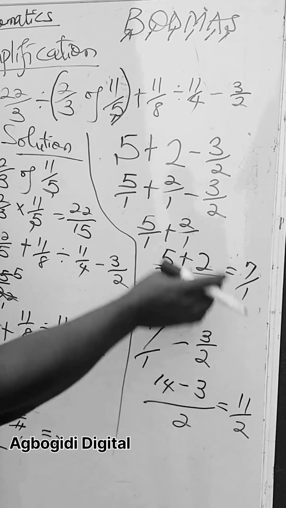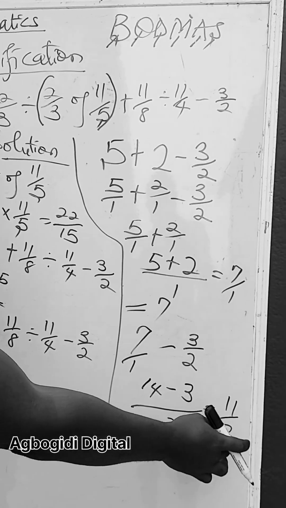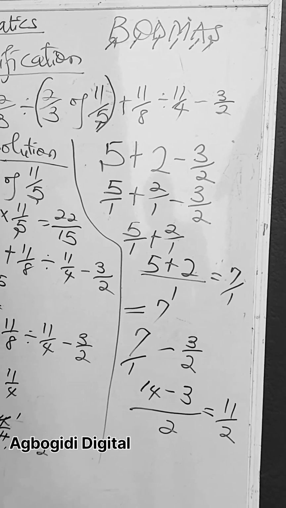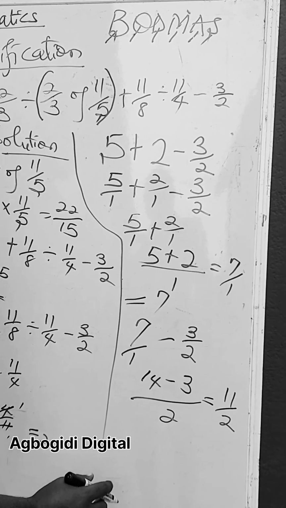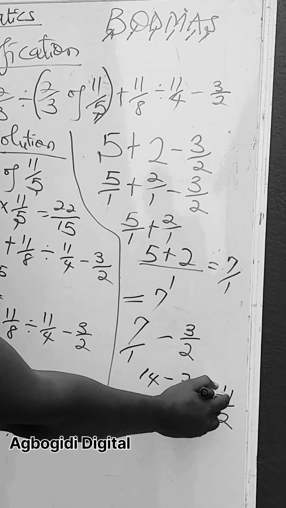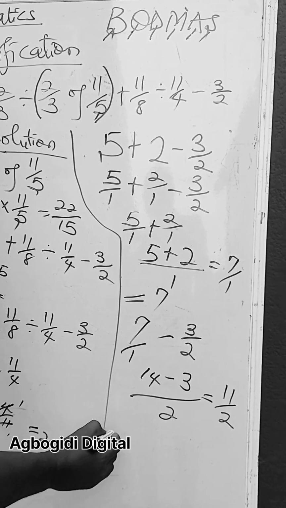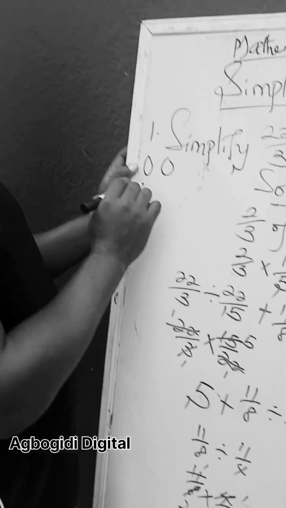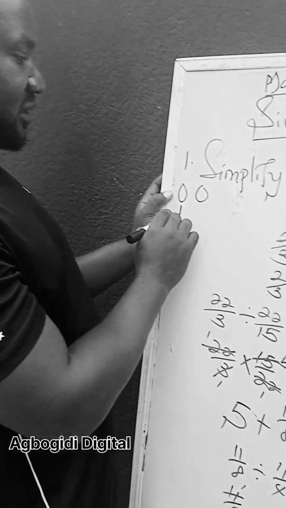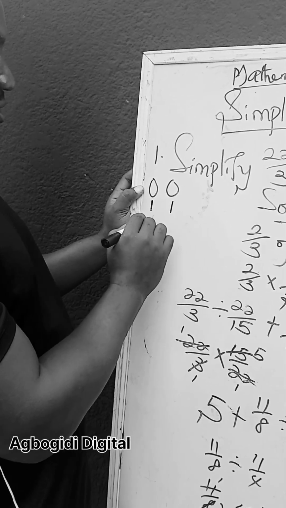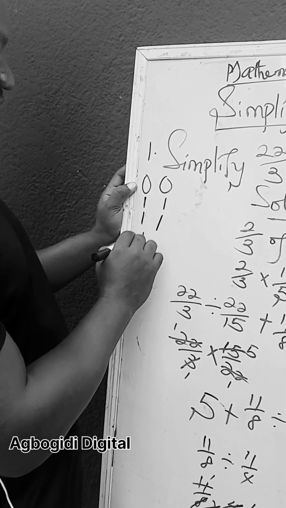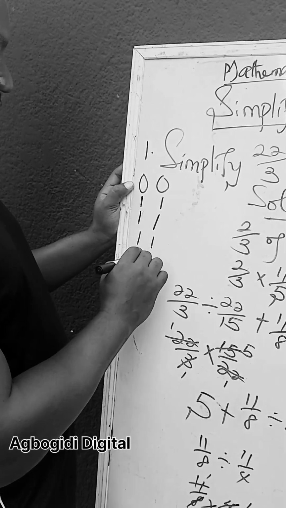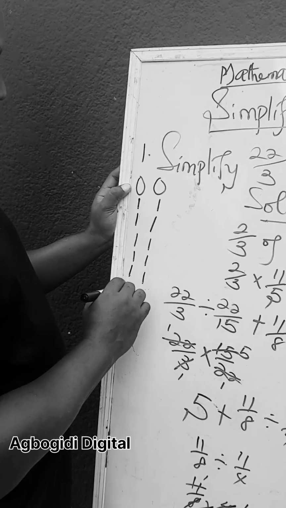Because this is simplification, you have to reduce this to its lowest term. So in reducing this to its lowest term, this is 11 oranges divided by 2 persons. These are the 2 persons sharing 11 oranges. You give this first person 1, give the other person 1, 3, 4, 5, 6, 7, 8, 9, 10, 11.